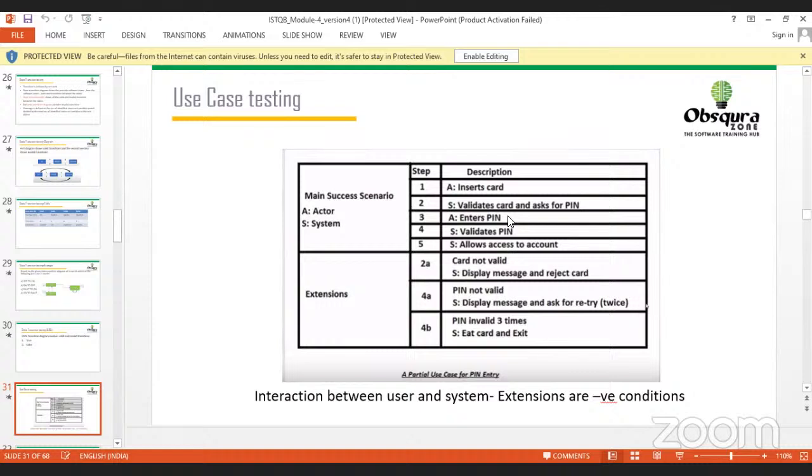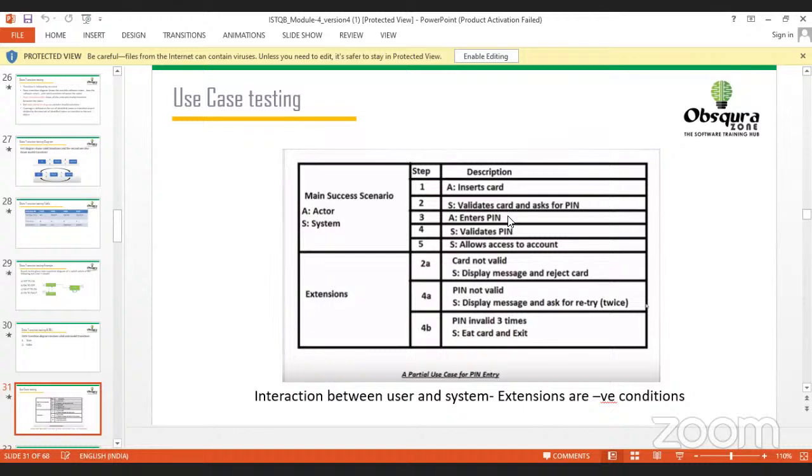But the extensions, the negative scenarios, you can term it as, if the card is not valid, it should display some message and the system should reject the card. If the pin is not valid, then also it should display some error message and ask for a retry twice. Now, if the pin is invalid 3 times, then it should eat the card and exit. So that will be the negative extensions.